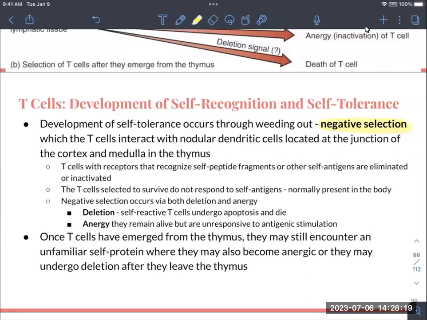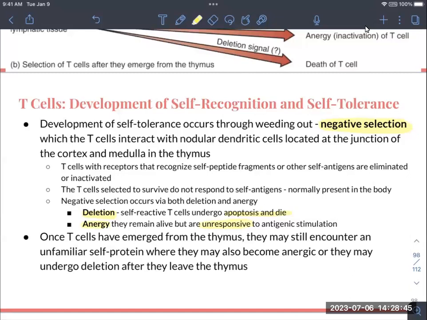T cells selected to survive, they're not going to respond to these self-antigens. So we use this negative selection. So we use deletion, where those T cells go through that apoptosis, or we use anergy. They remain alive, they're just unresponsive. They're not going to work.